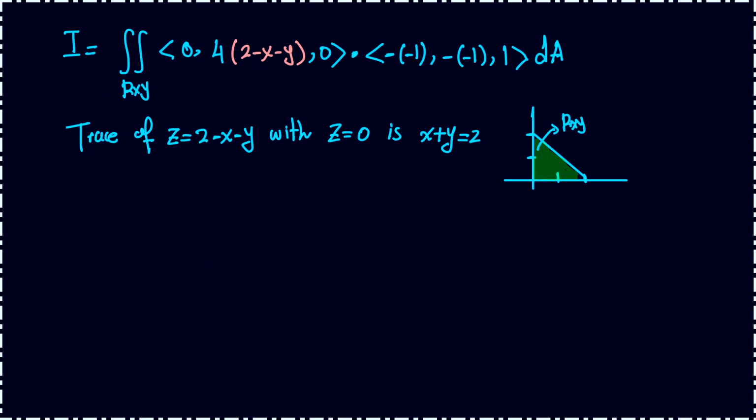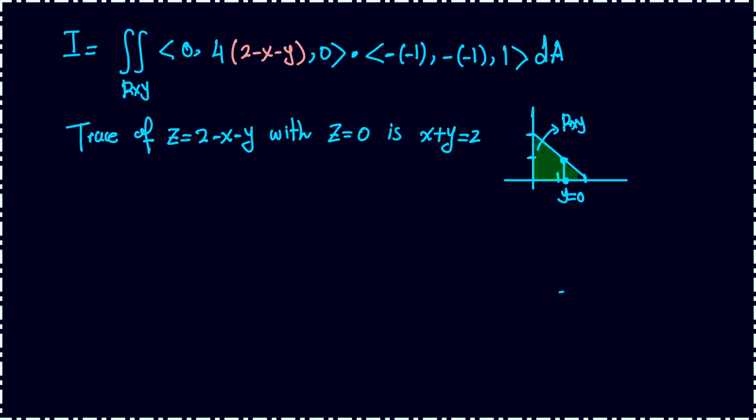Now here obviously I can't use the polar coordinate system. The region is not circular, so we're going to do a regular rectangular double integral. Here our y is going to go from 0 to the upper boundary, which is given by the equation of the line.